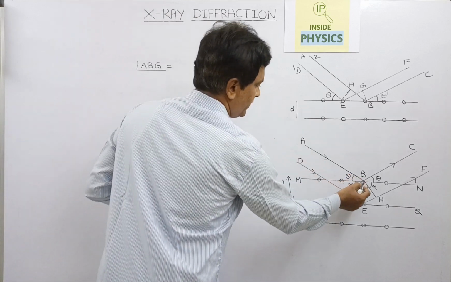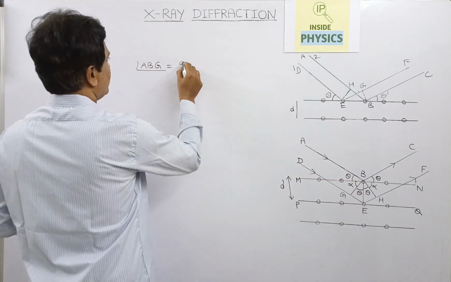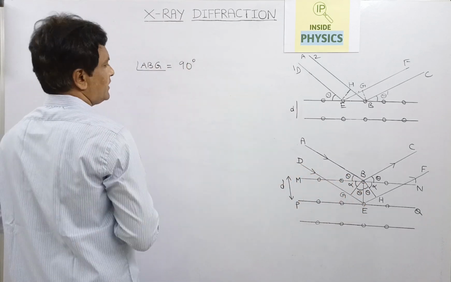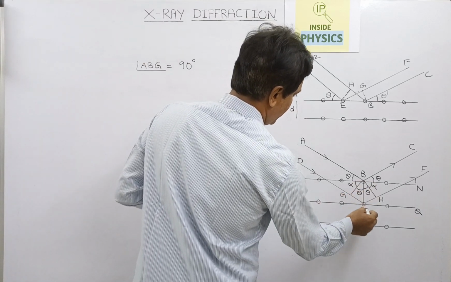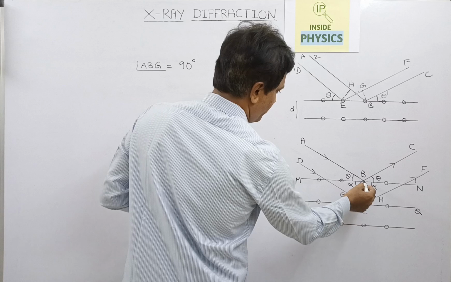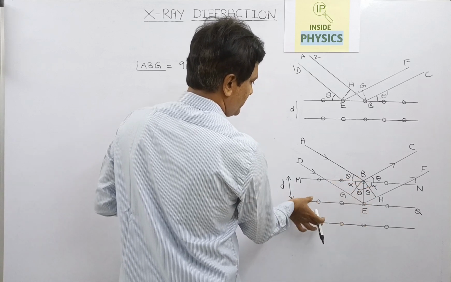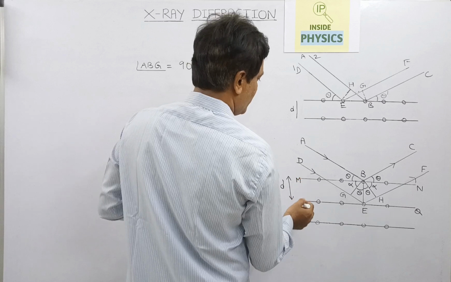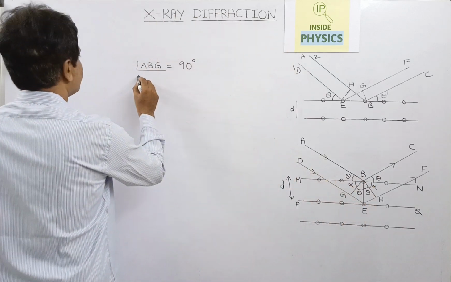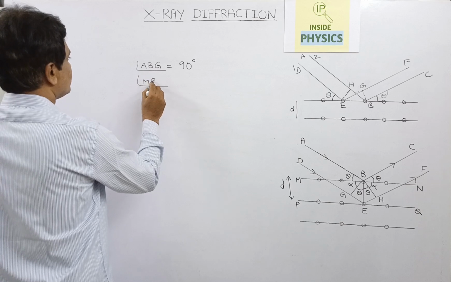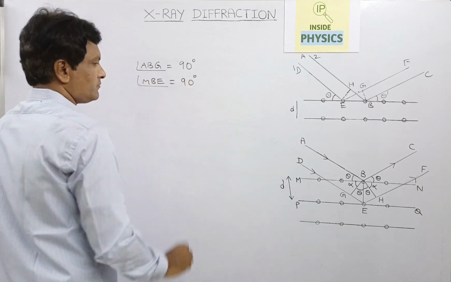Angle ABG, since BG is perpendicular to AB, must be 90 degrees. What is the other angle? MBE. BE is the perpendicular, the interplanar distance between the two successive planes. So angle MBE is also 90 degrees.